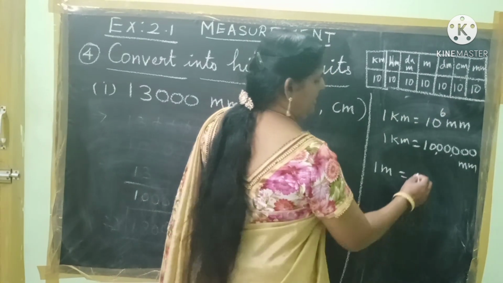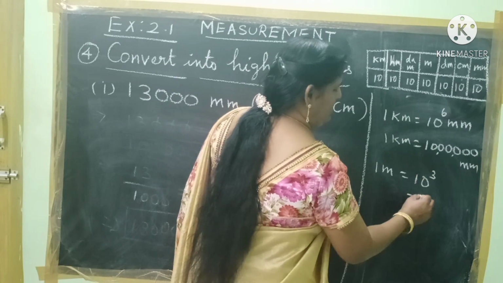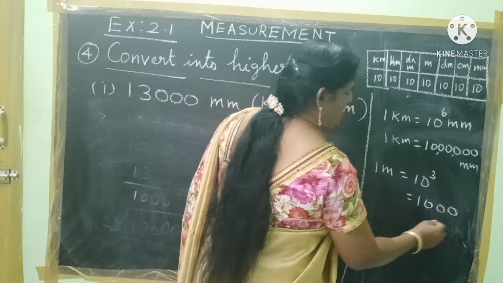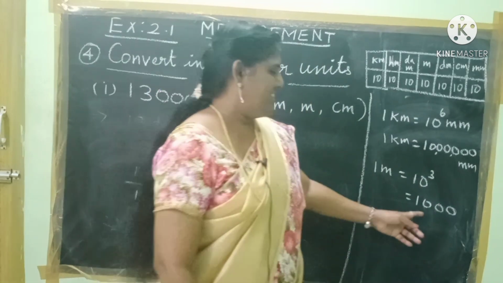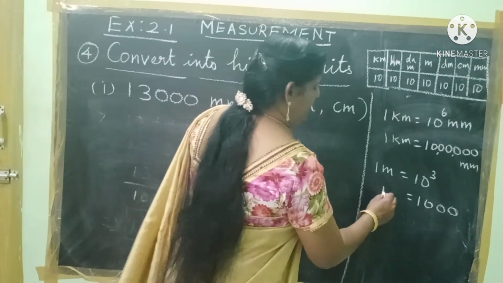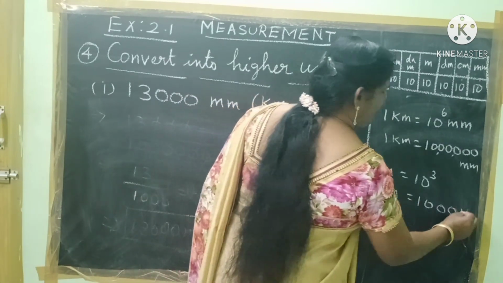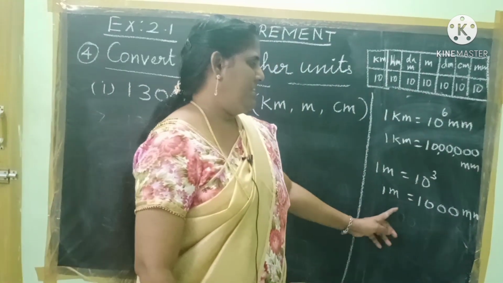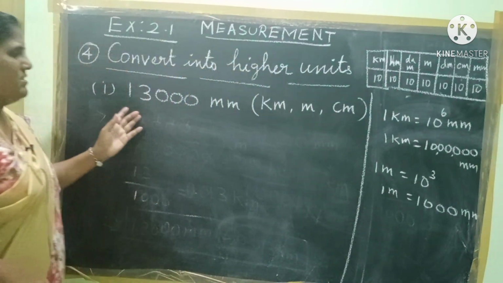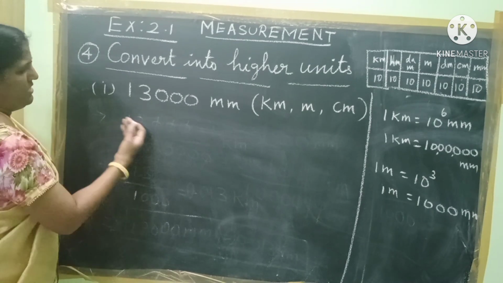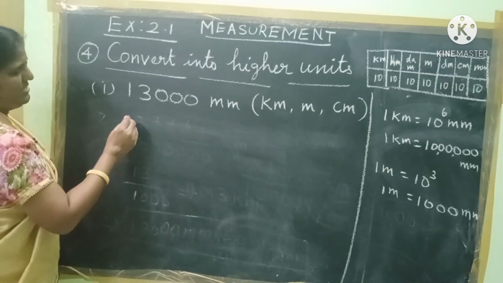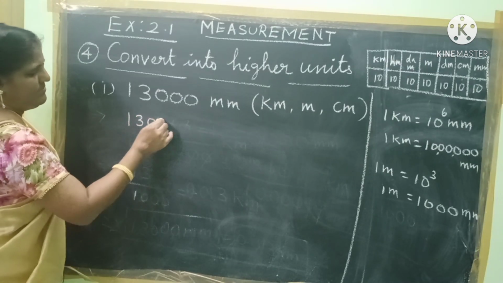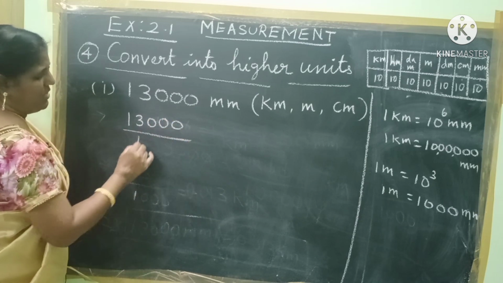There are 3 tens. 10 to the power 3 means 1 with 3 zeros. So 1 meter is equal to 1000 millimeter. So again, to change millimeter we need 13,000 divided by 1000.